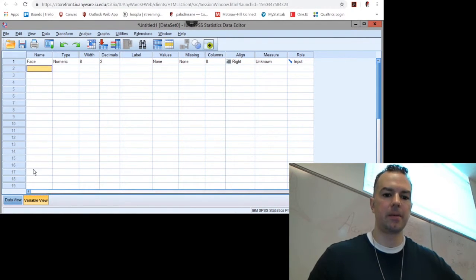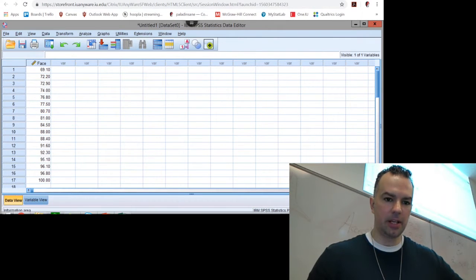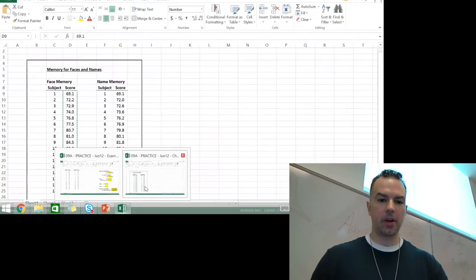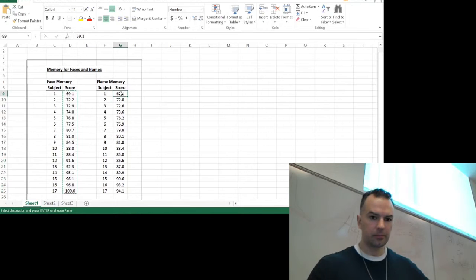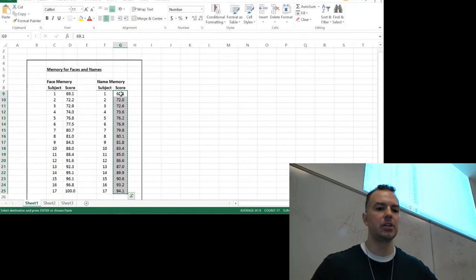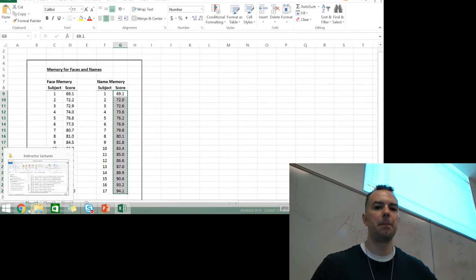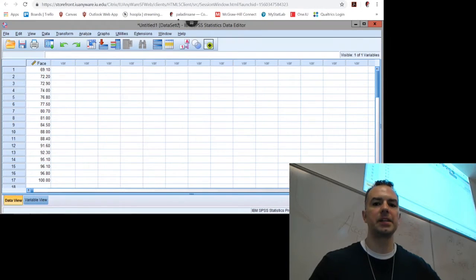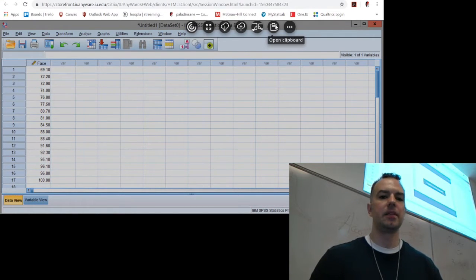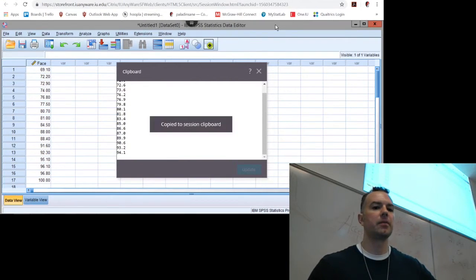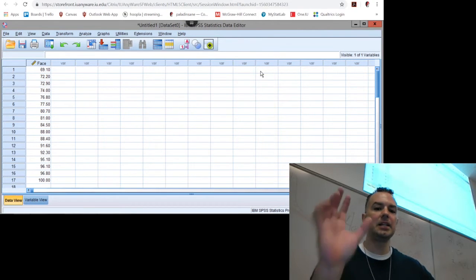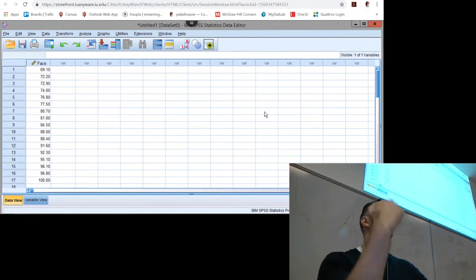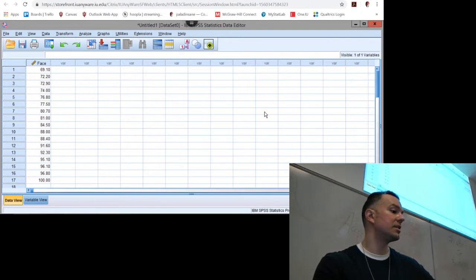And there we have it. Now we need to put in the name recognition scores. And for the name recognition scores, this time, because they are scores from the same subjects, they need to be placed in the same rows as the previous scores.